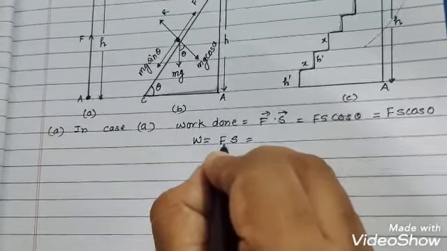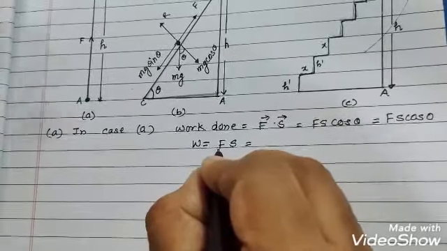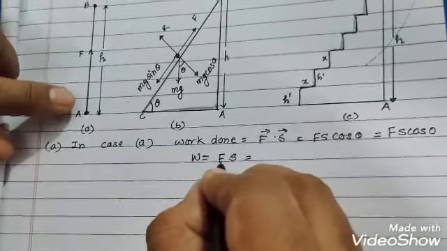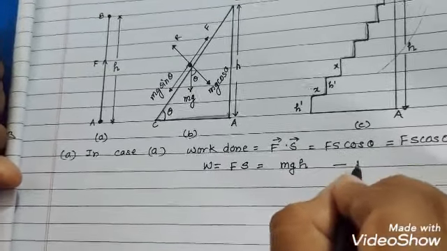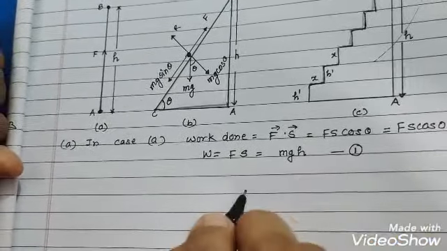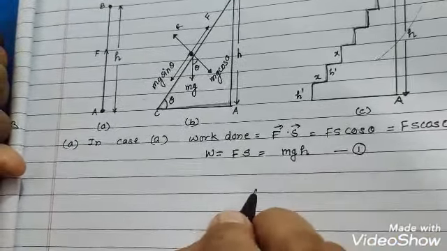Or simply, because we are moving an object of mass m, the weight of that object, mg, is the force here. So in place of F we write mg, and in place of S, the displacement, we write h. So the work done is equal to mgh. This is the first case, and we'll write this as equation 1.